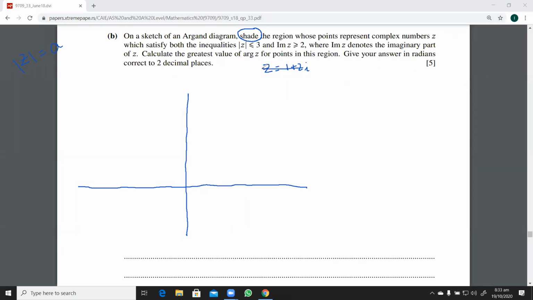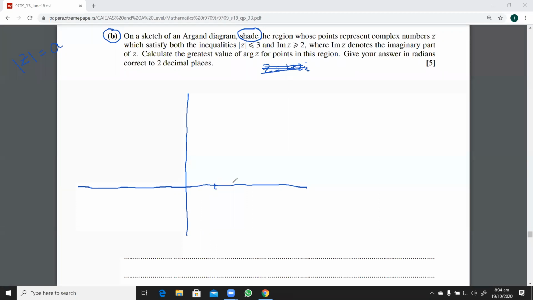This is not the given thing over here. This is part B, so this is altogether a different part. I was making a mistake by taking z from the previous part. So z from the origin is 3. If here it is the origin, this is going to be a circle of radius 3.